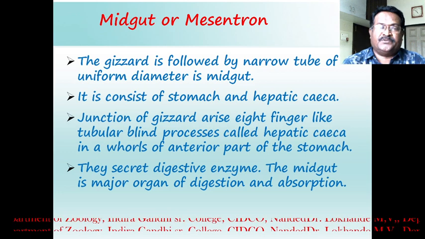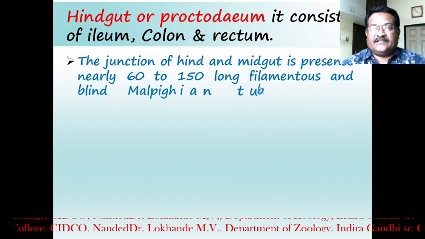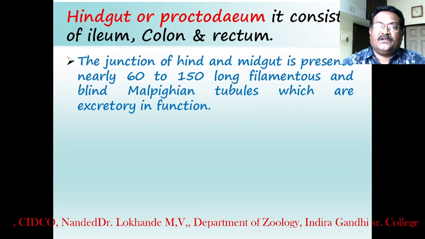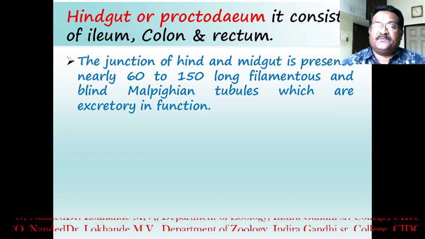The third part is the hindgut, or proctodaeum. It consists of the ileum, colon, and the rectum. At the junction of hindgut and midgut there are 60 to 150 long filamentous blind malpighian tubules, which are excretory in function.